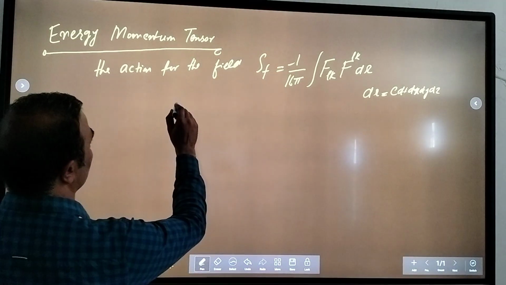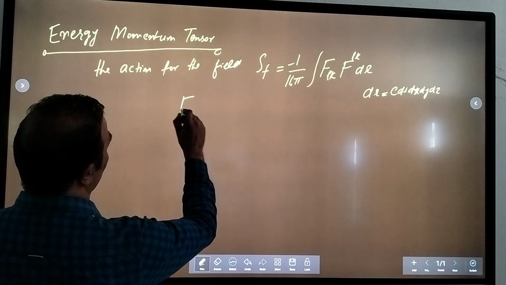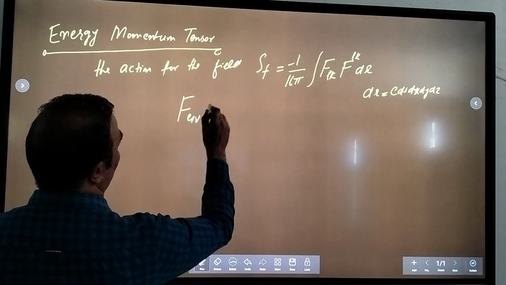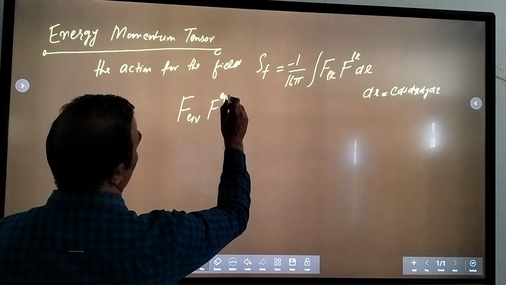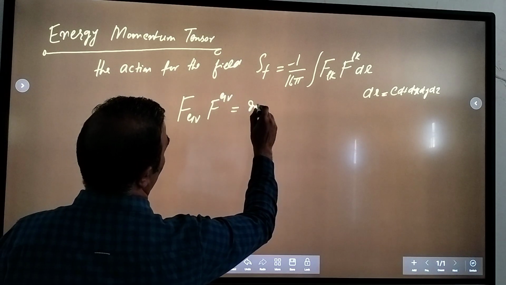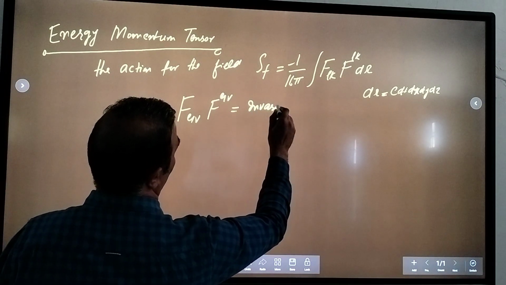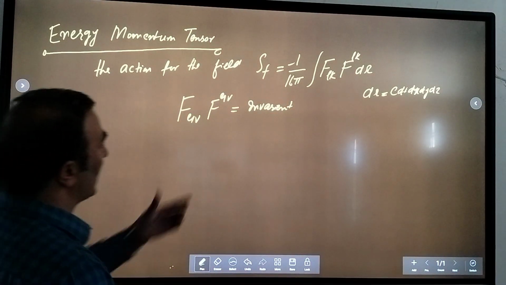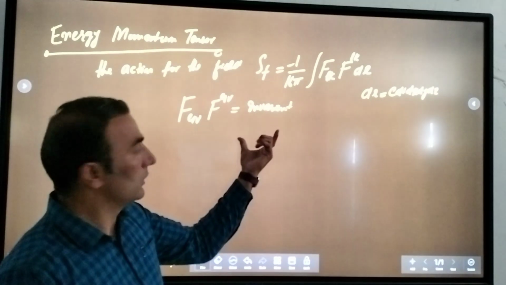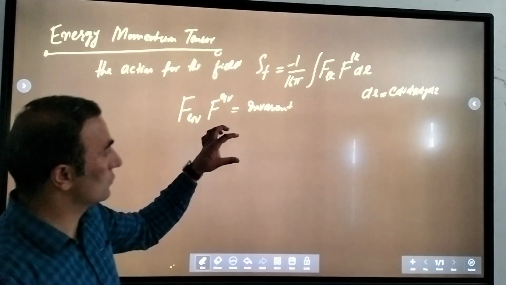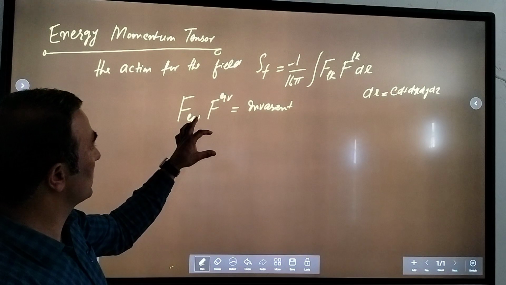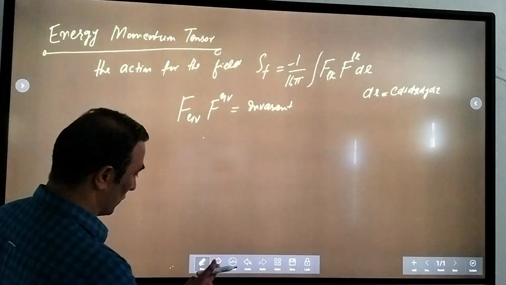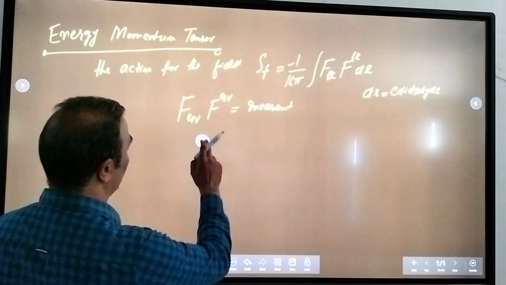I can also prove that this F mu nu F mu nu remains invariant, and this will be a scalar, because it is the product of two electromagnetic field tensors, one covariant and another contravariant. So this is purely a scalar.